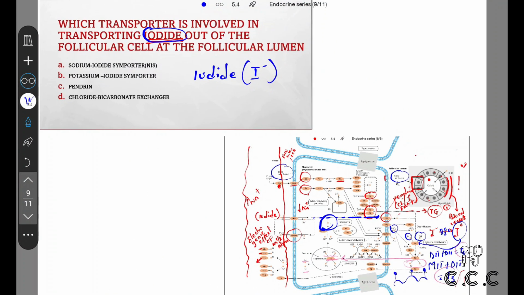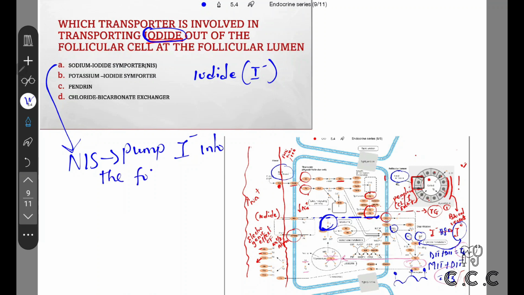So the first one says sodium iodide symporter. No. Why? Because the sodium iodide symporter, NIS, is used to pump iodide into the follicular cell, not out, right?